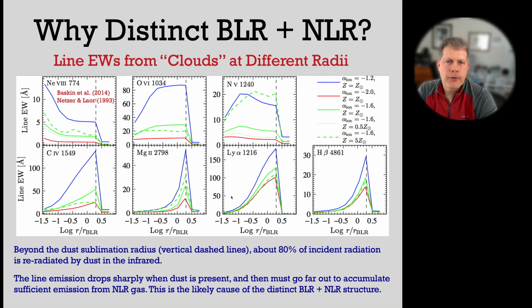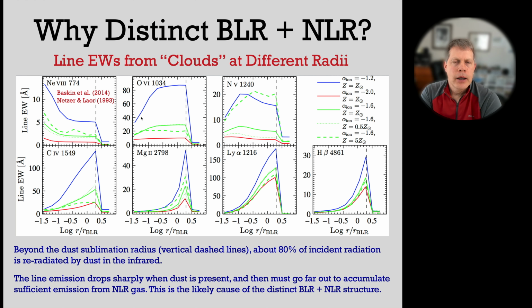The thinking is that this basic decomposition arises due to the effect of dust. You can see that in these plots, which show the line equivalent width going out in radius, calculated for different parameters such as metallicity and ionizing continuum shape.